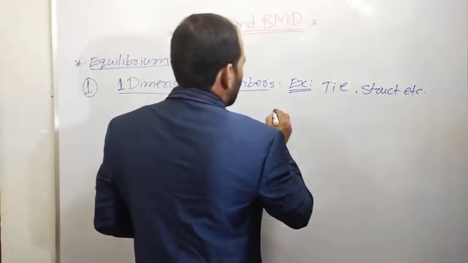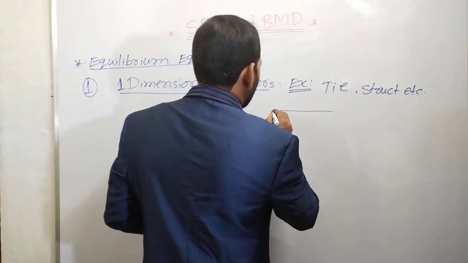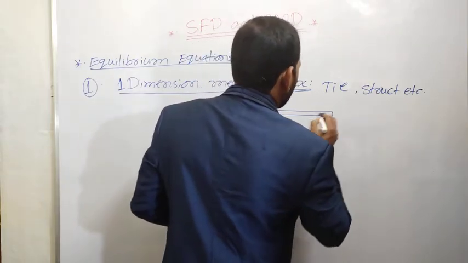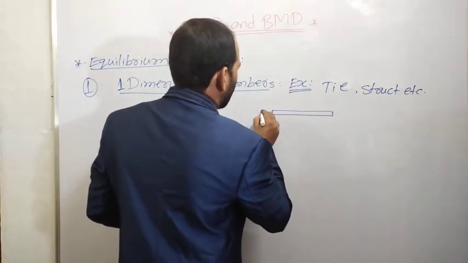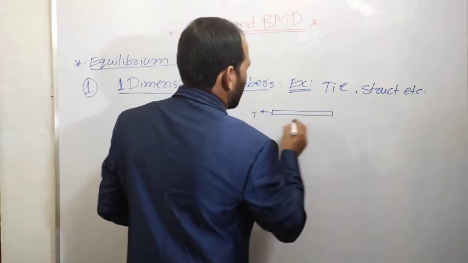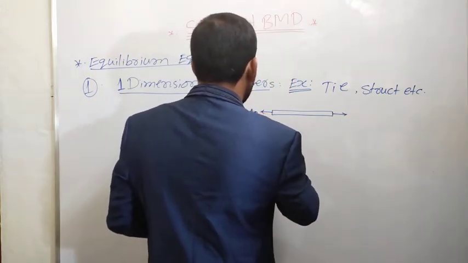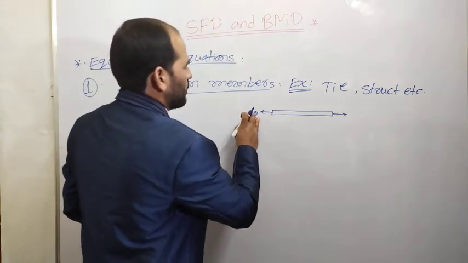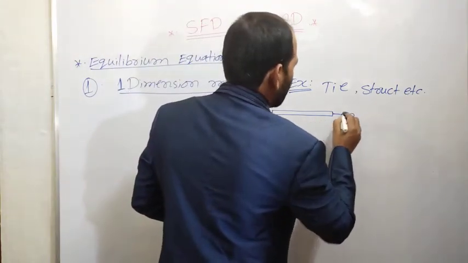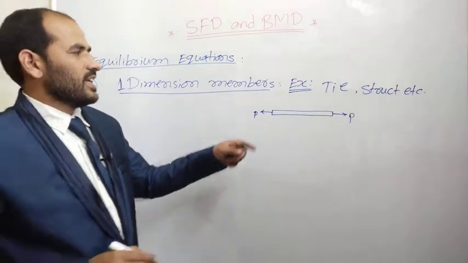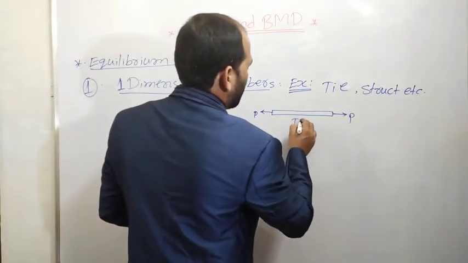See here, this is the tie. This is the tension force, and on this side also a tension force. This is called the tie member.